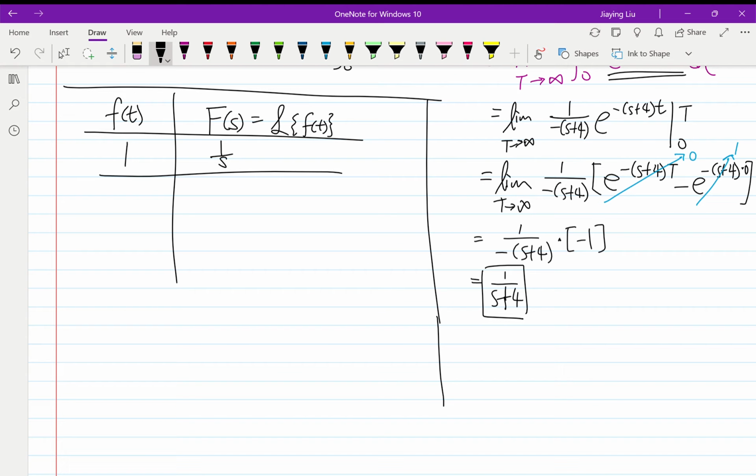That's good to memorize in the future: when you see 1 over s or 1, they're kind of like the Laplace transform of each other. 1 over s is the Laplace transform of 1.